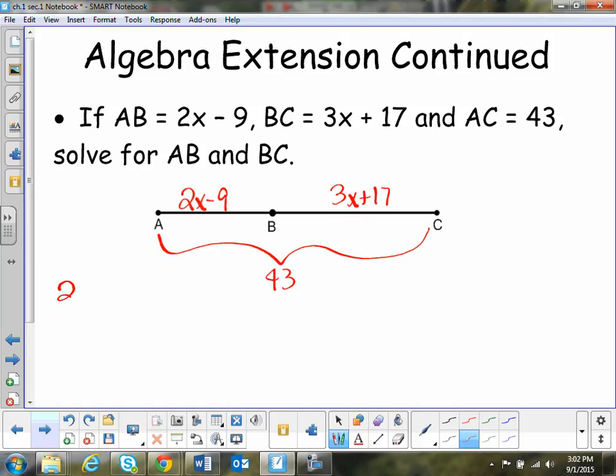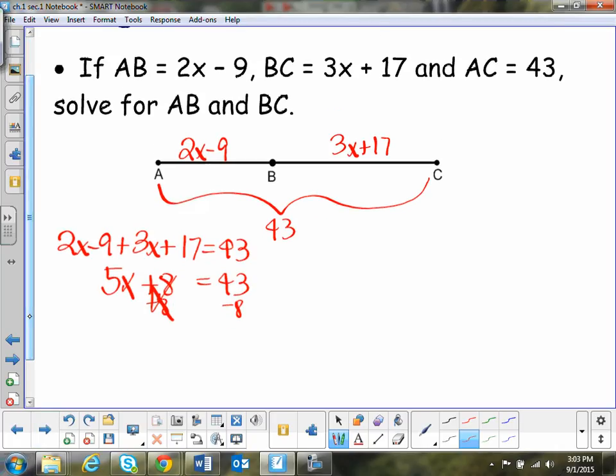So that's how you want to set it up. 2x minus 9 plus 3x plus 17 is equal to 43. So like terms here, we've got 5x plus 8 equals 43. Minus 8 minus 8, 5x equals 35, x equals 7.